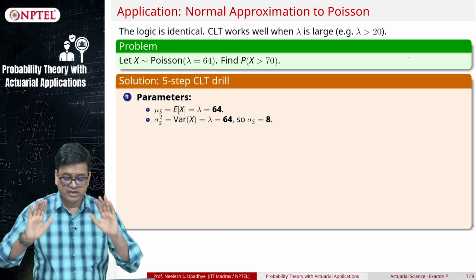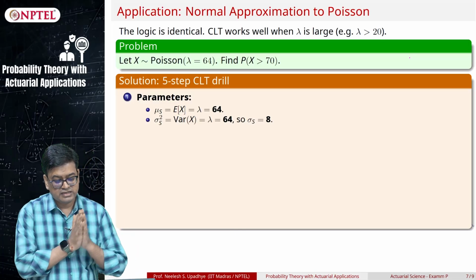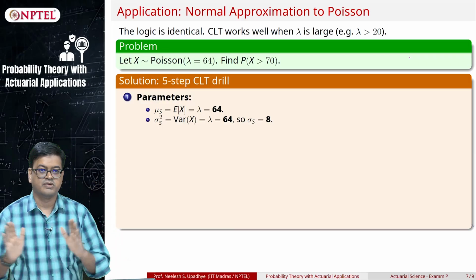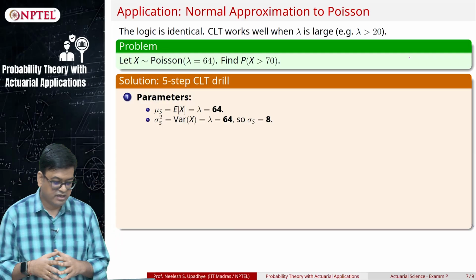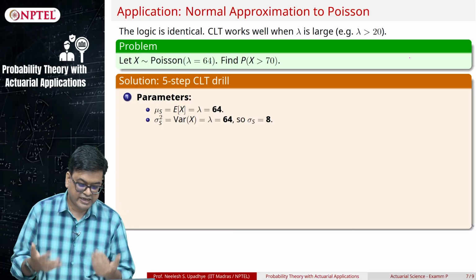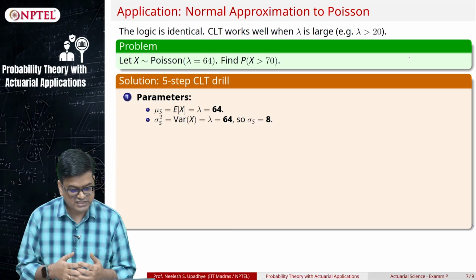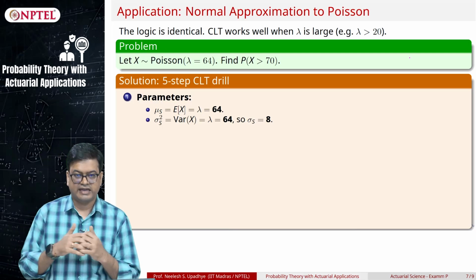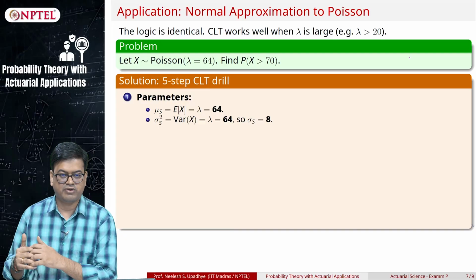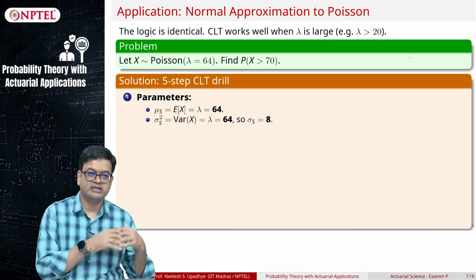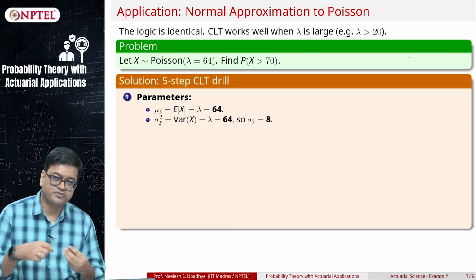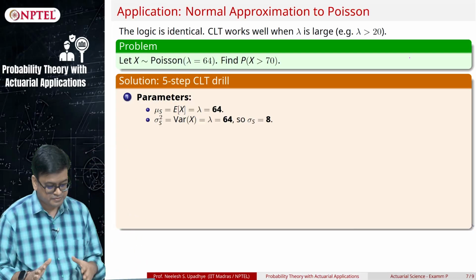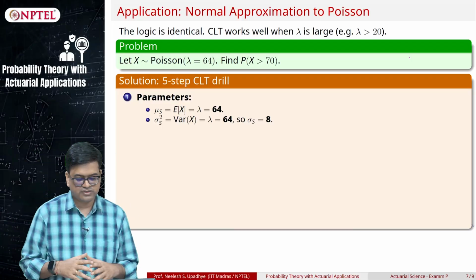Here imagine that this Poisson is a distribution of sum, okay, that is the key idea, or you can take it in this way that x1 follows Poisson with lambda 1, and you are actually taking a sum of 64 IID Poisson lambda equal to 1 random variables. Okay, that is the intuition that you require.